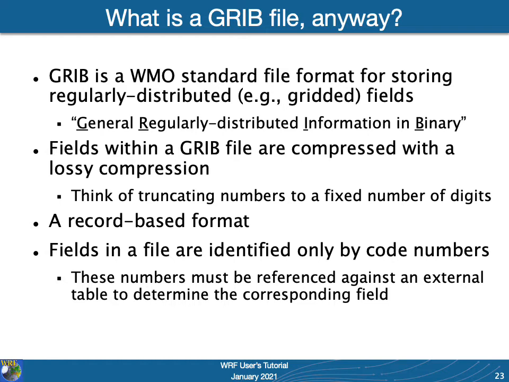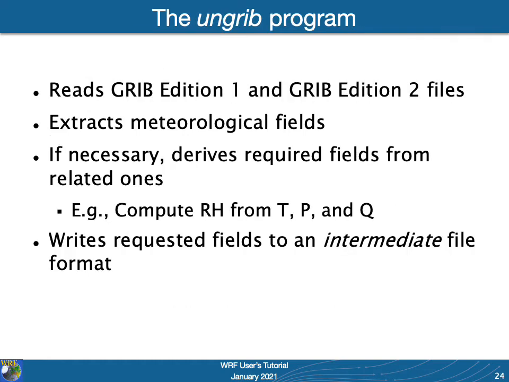So if you're given a grib file without any additional information, you would have a hard time figuring out which field is which. You would know that there's a field number 33 and there's a field number 61, but you wouldn't know whether field number 33 represents temperature or humidity or pressure or something else. So what we need is external tables against which we can reference these code numbers. And we'll see how that factors into the Ungrib program in just a few slides.